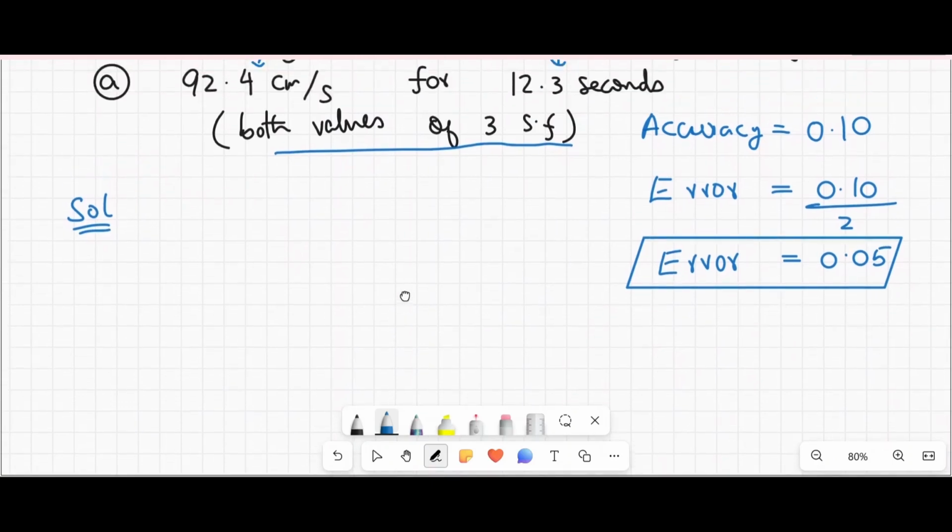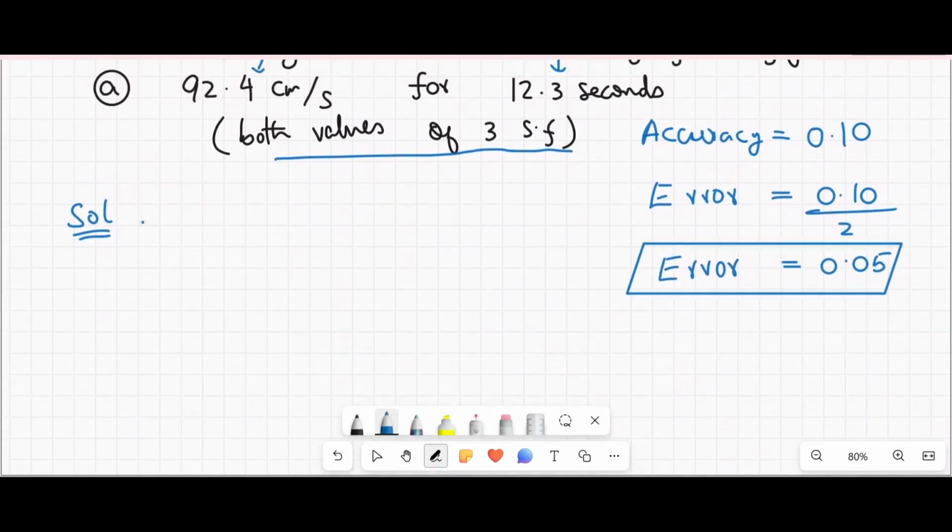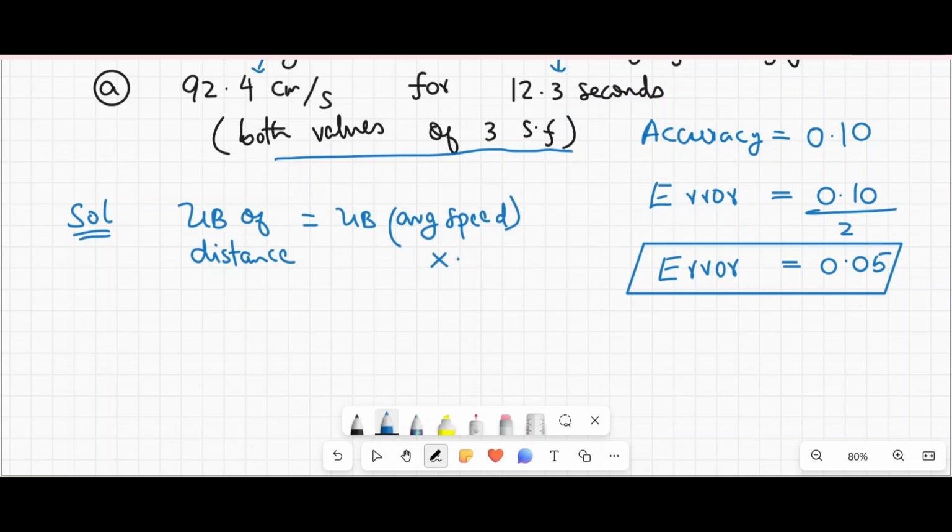The upper bound of distance is the upper bound of average speed into the upper bound of time.